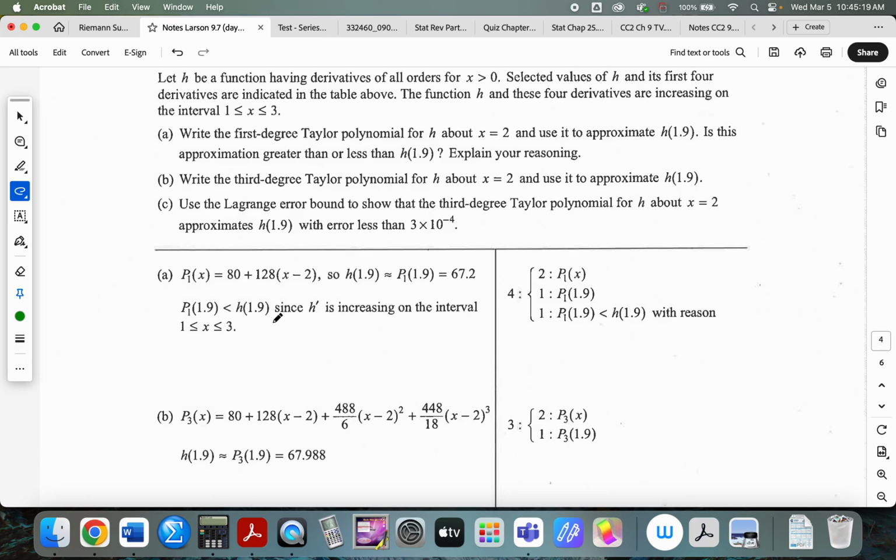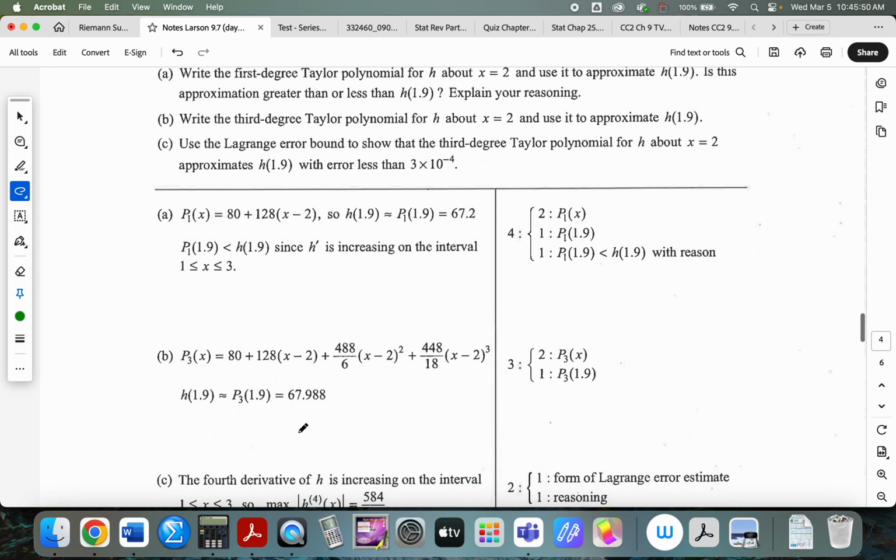And they said h prime is increasing on the interval from 1 to 3. Did we say h double prime was positive? Yes. So we probably should have said it this way. I think we would have gotten credit because h double prime positive means that h prime is increasing by definition. Those are one and the same thing.